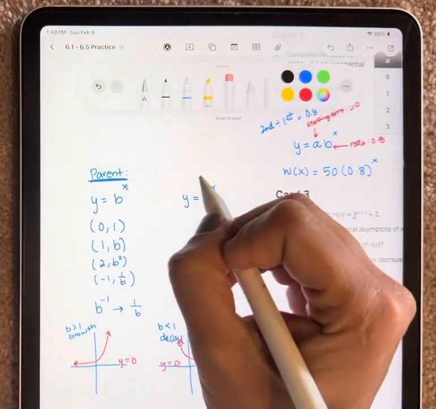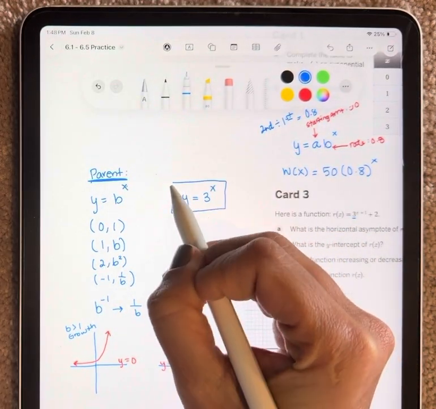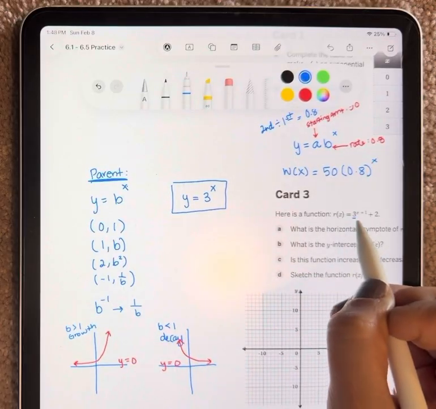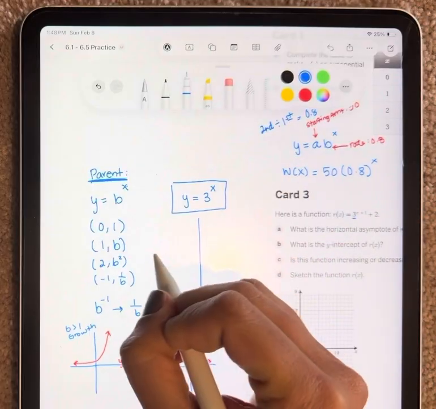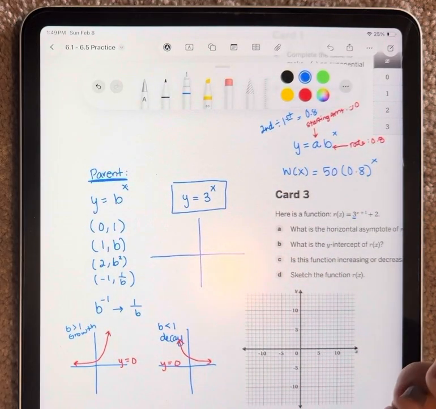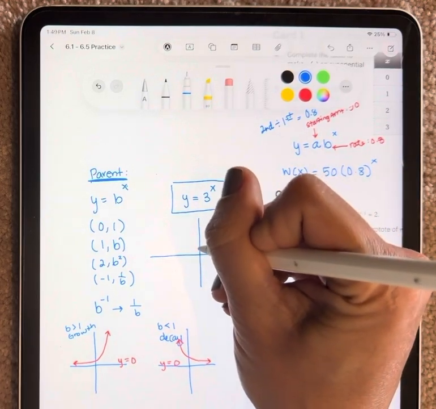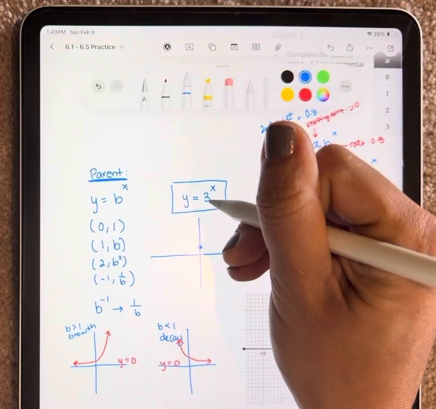Let's go apply it to our specific parent function for this problem, which is 3 to the x. Okay, remember b to the x, b is 3 this time. So watch how I use these points. A 0, 1, and then 1 comma b, and b is 3.